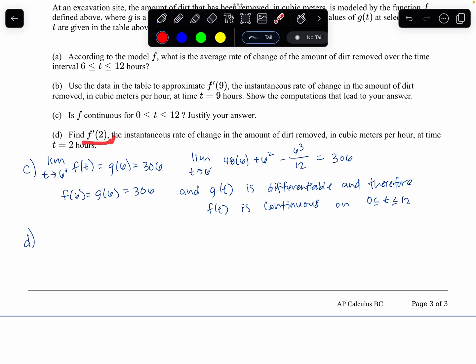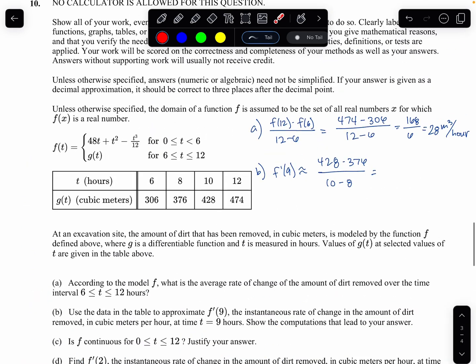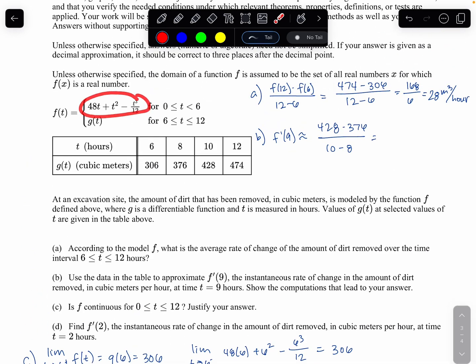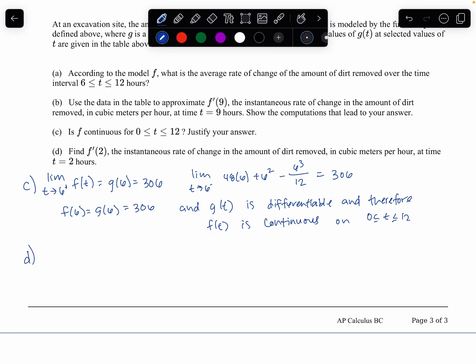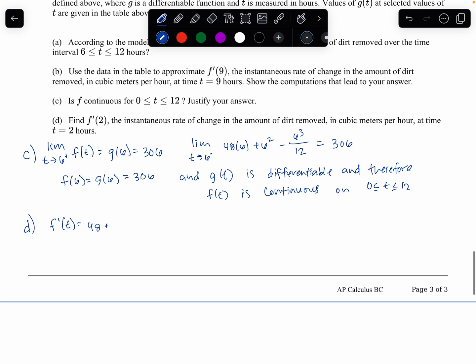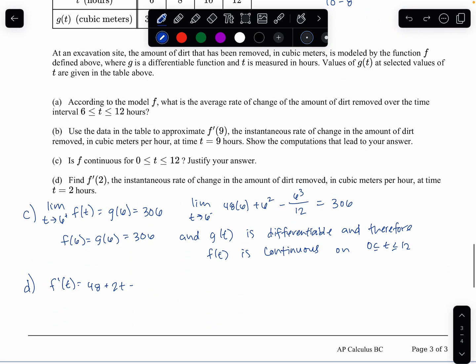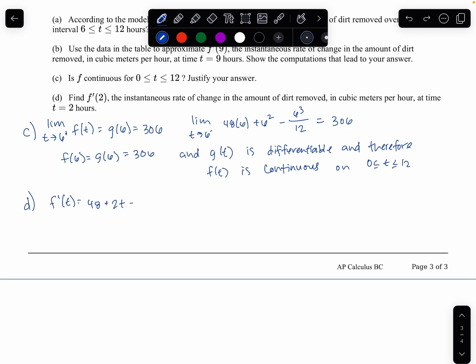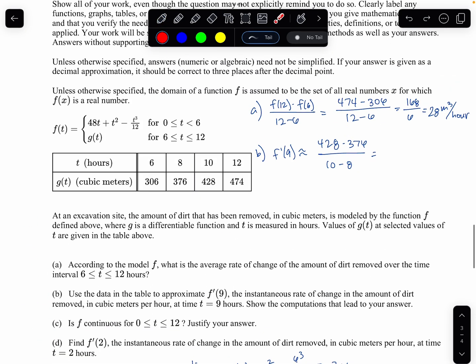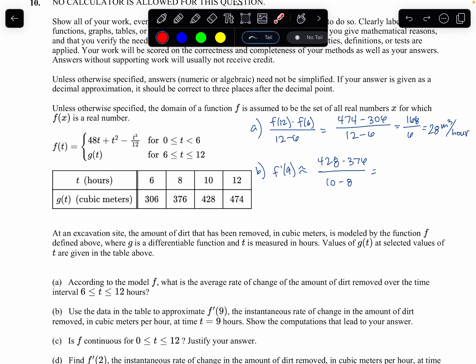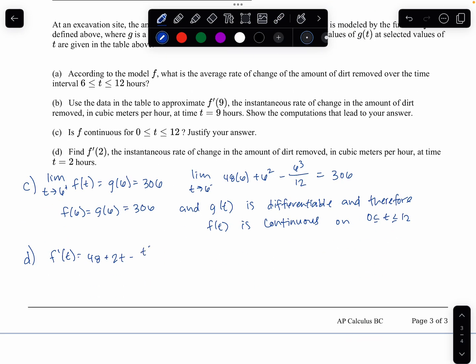For D, find f prime of 2, the instantaneous rate of change of dirt removed. So f prime of 2, that's just going to be the derivative of that part right there. So if I take the derivative, I'll say f prime of t is going to be equal to 48 plus 2t, minus, well, okay, if I drop the 3 down, that's going to be 3 over 12, so it's going to be 1/4, so that's going to be t squared over 4.